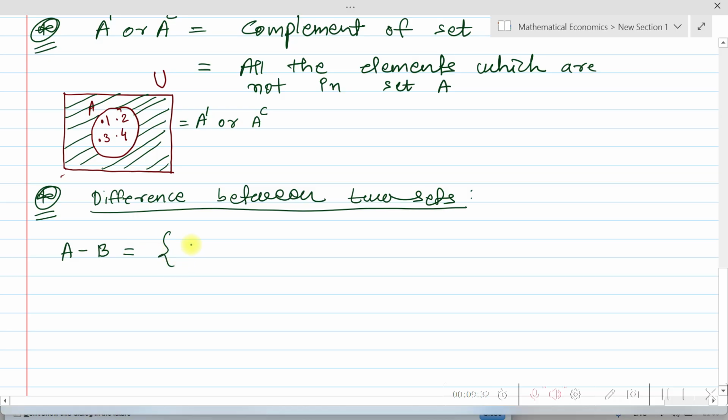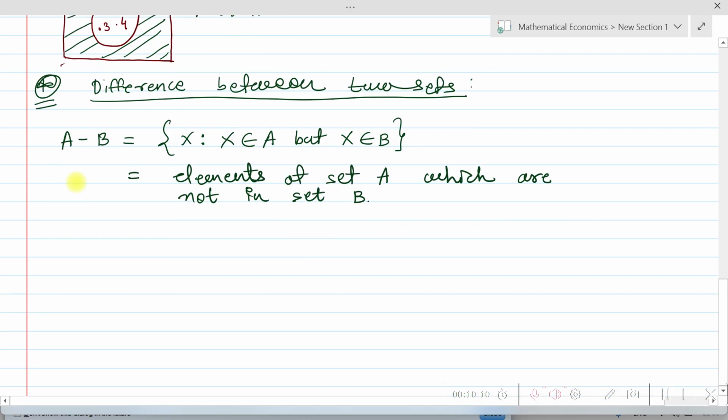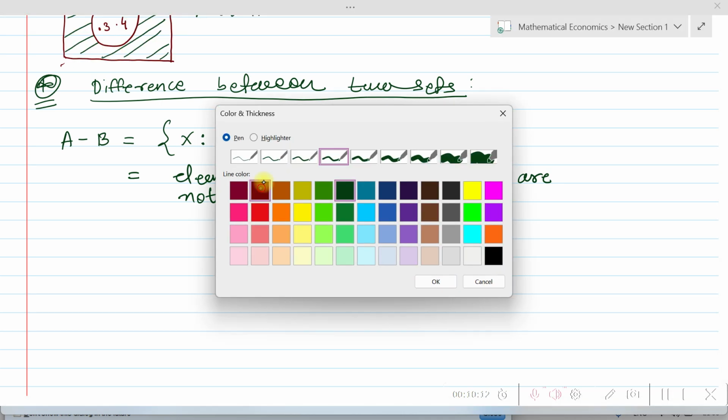A minus B is equal to X such that X belongs to A but it does not belong to B. So in words we can write, elements of set A which are not in set B.